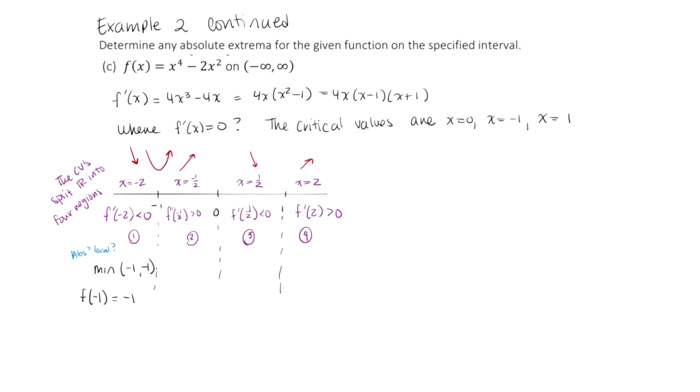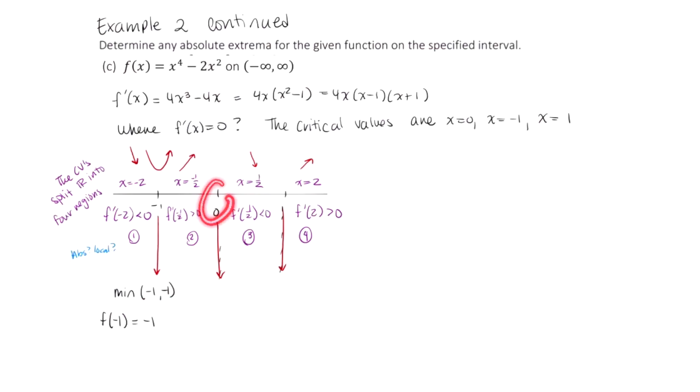And let's just quickly determine if these are mins or maxes. And I'm going to make this a little clearer, so let me move things around just a bit. There we go. Okay, so we know we have a minimum, and we haven't decided if it's absolute or local, at (-1, -1).